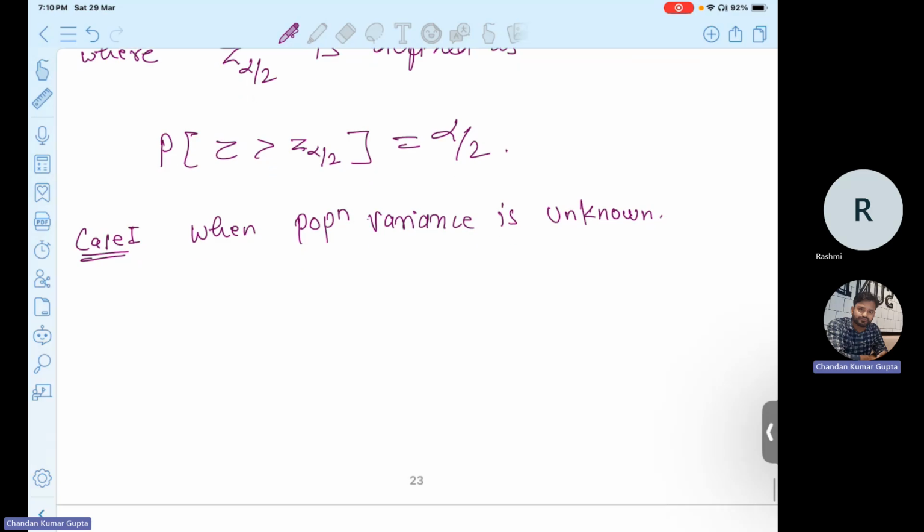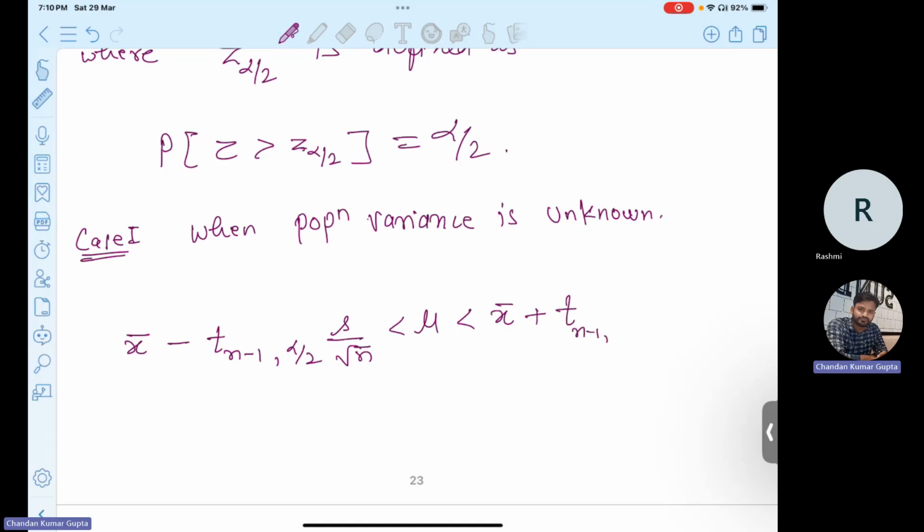In that case the interval becomes x bar minus t with n minus 1 degrees of freedom, which we have already discussed in the previous week's lecture, times s upon root n, to x bar plus t n minus 1 alpha by 2 times s upon root n.